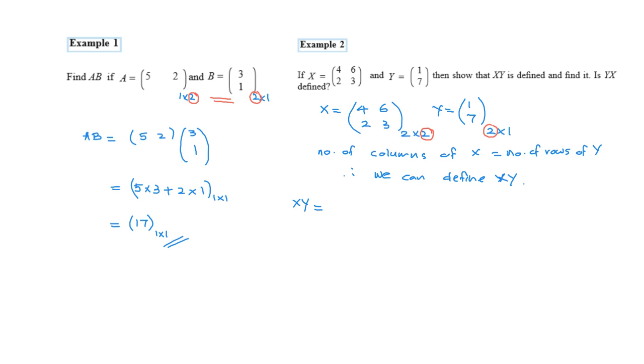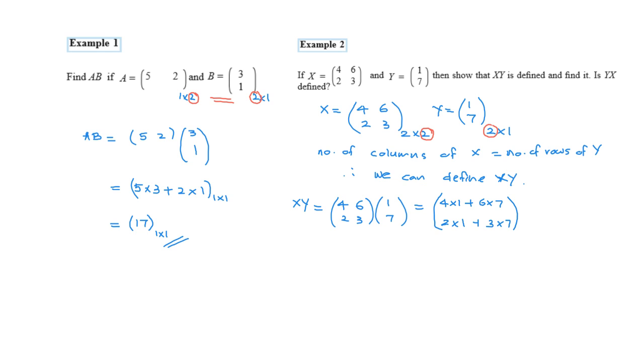XY is equal to [4, 6; 2, 3] times [1; 7]. So how do you multiply that one? 4 times 1 plus 6 times 7, and 2 times 1 plus 3 times 7.